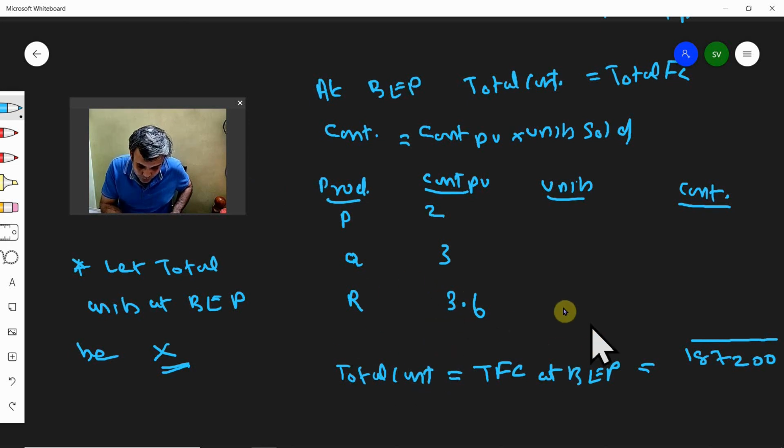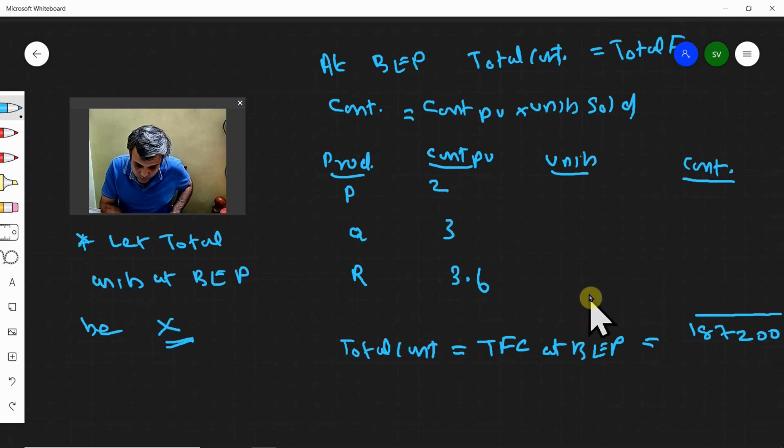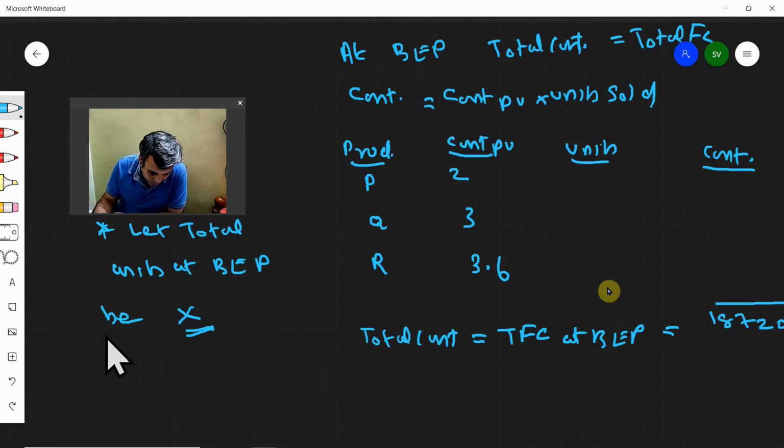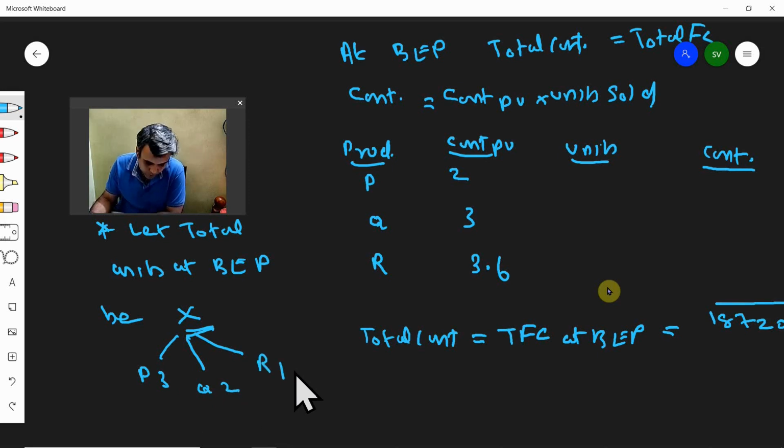Now, if X is my total BEP, I know the product mix. The question told us the pattern in the past: P 3 portions, Q 2 portions, R 1 portion. Correct?